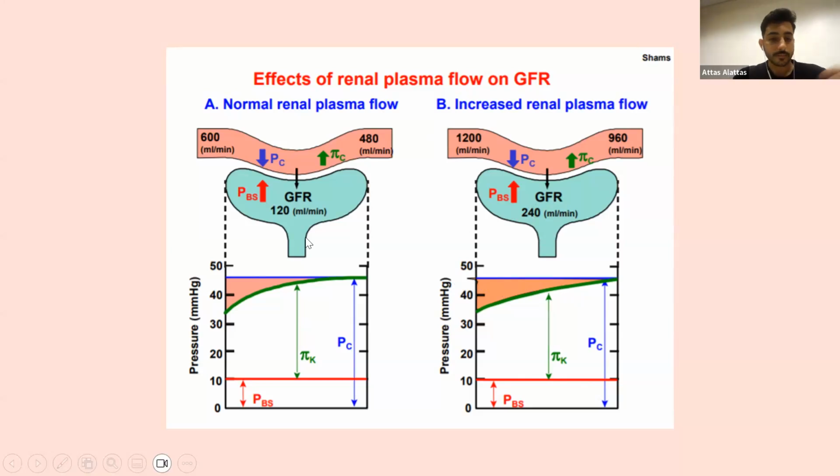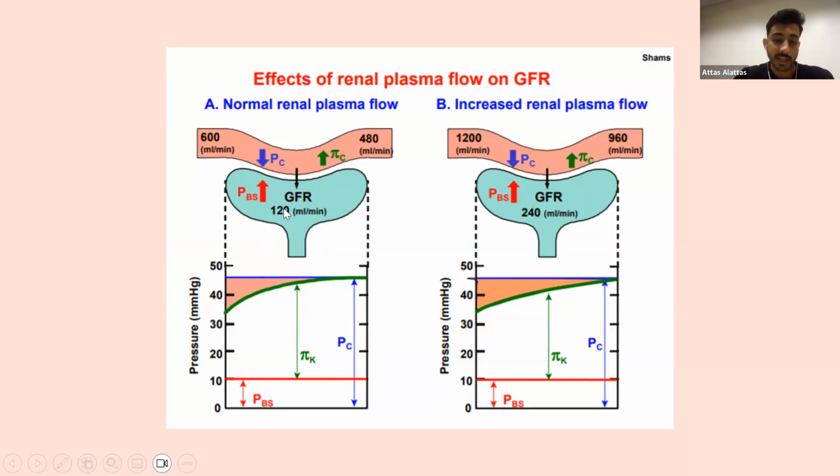So again, let's assume that the normal renal plasma flow is 600. For the oncotic pressure to be equal to the hydrostatic pressure, it needs to filter 120 milliliters per minute.